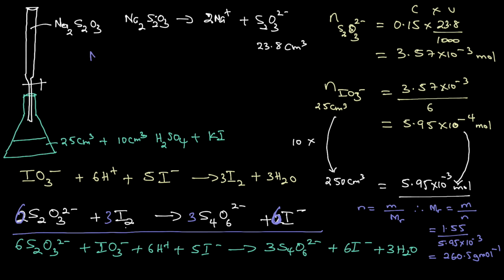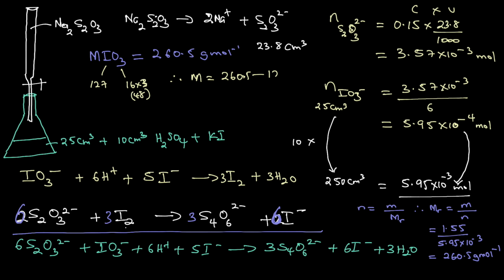The mass of MIO3 altogether is 260.5 grams per mole, but we know that iodine is 127, oxygen is 16 times 3 is 48. Now we can find M, which will be 260.5 minus 127 minus 48, and that is 85.5 grams per mole.